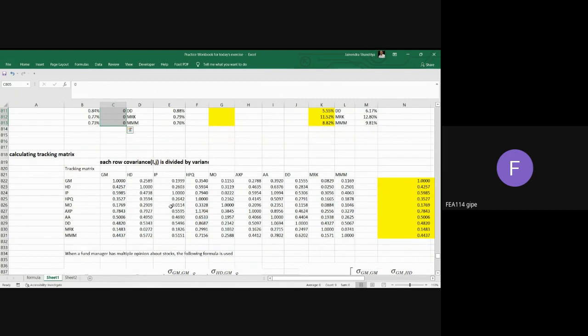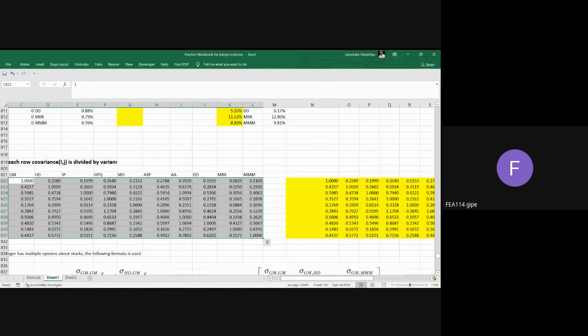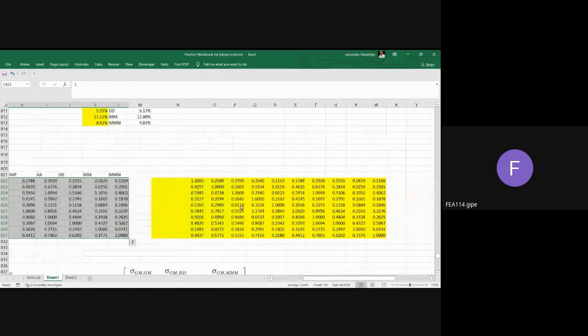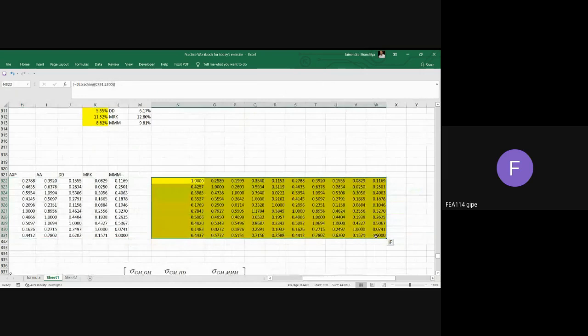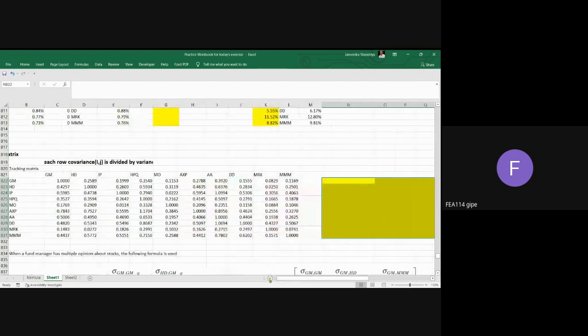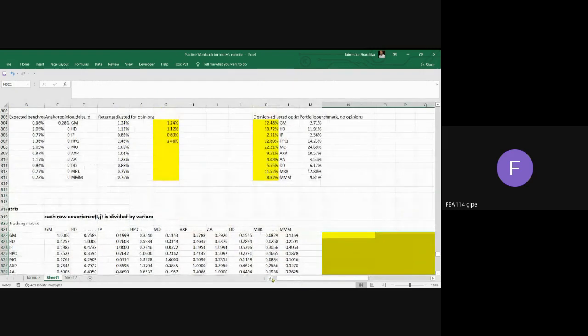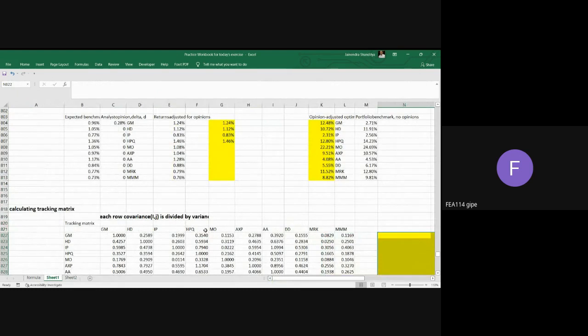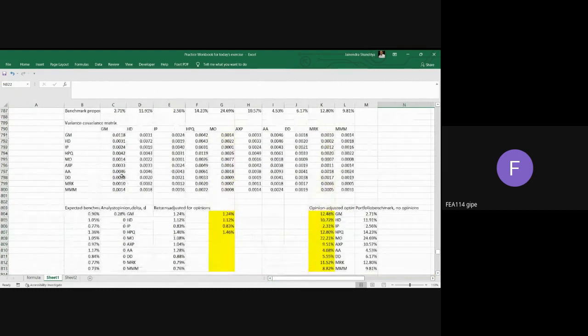So how do we calculate tracking metrics? So let me remove this. Should I remove this, or should I do it at a different place? Yeah, it is already done here. So let me remove this and then do it here. So delete. So you see the tracking metrics is calculated, but how do we do tracking metrics? For tracking metrics, we divide the individual variance covariance matrix by the variance of that particular stock.